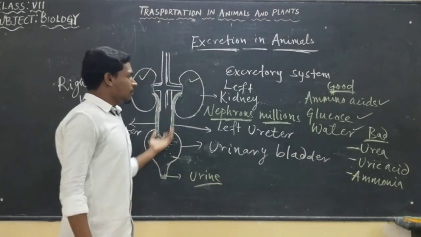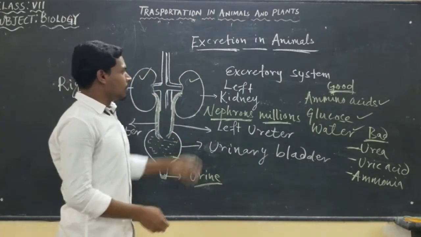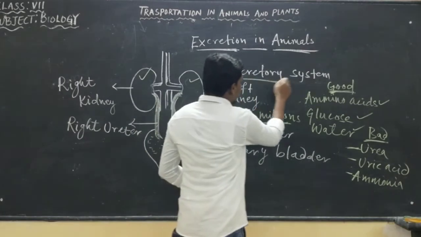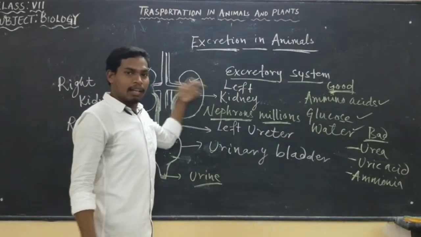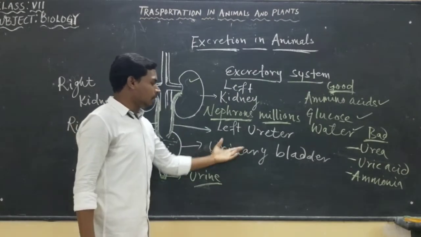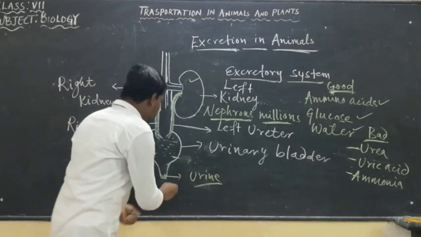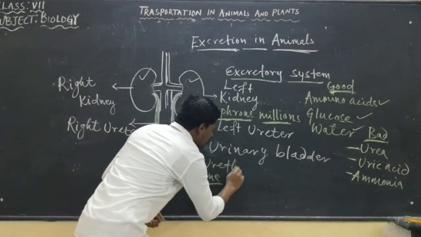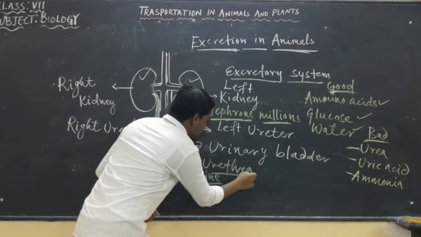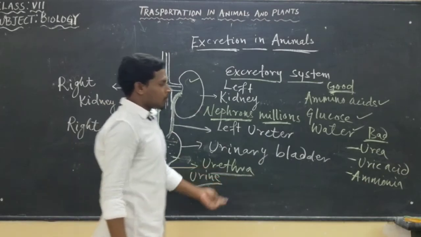So this is the excretory system. It consists of a pair of kidneys, right kidney and left kidney, a pair of ureters, the urinary bladder and the urethra.